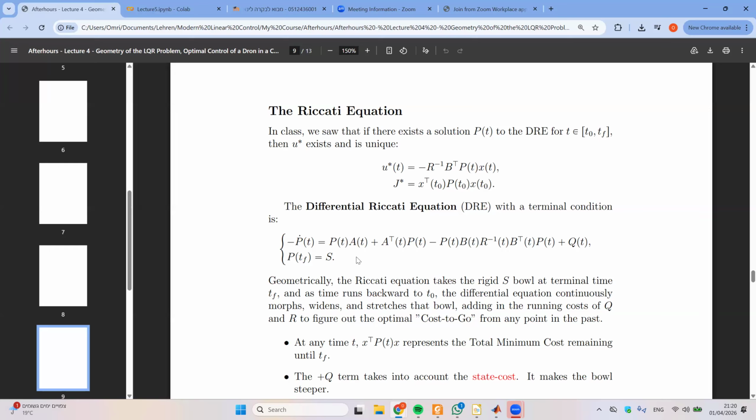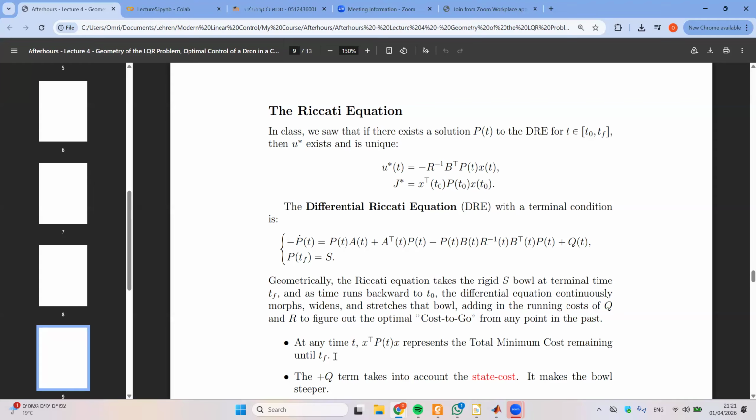So basically, at any time t, x transpose Px represents the total minimum cost remaining until tf. It's basically telling us how much cost we have left if we go along the most optimal trajectory.